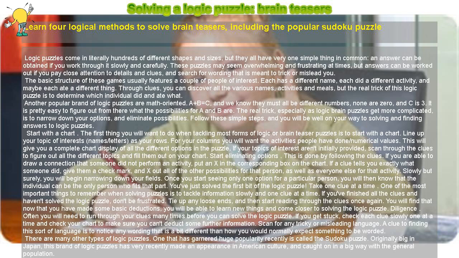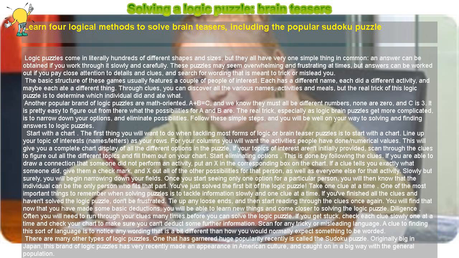Take one clue at a time. One of the most important things to remember when solving puzzles is to tackle information slowly and one clue at a time. If you've finished all the clues and haven't solved the logic puzzle, don't be frustrated.